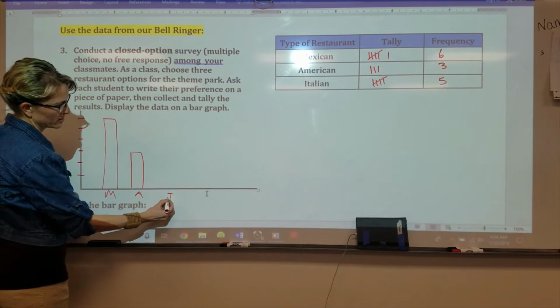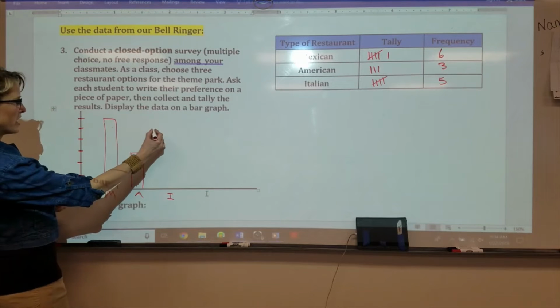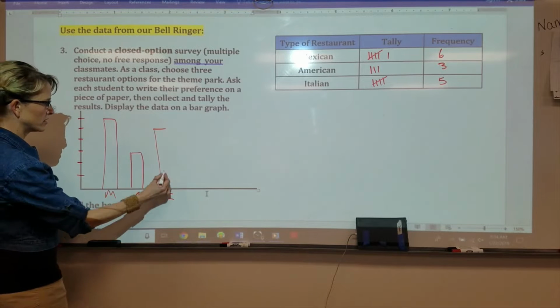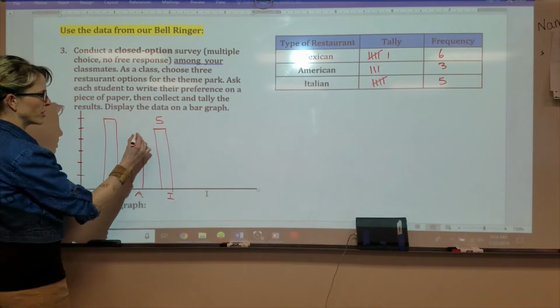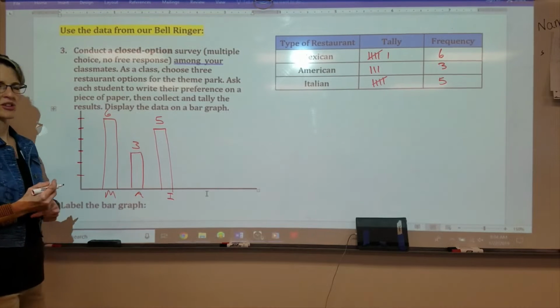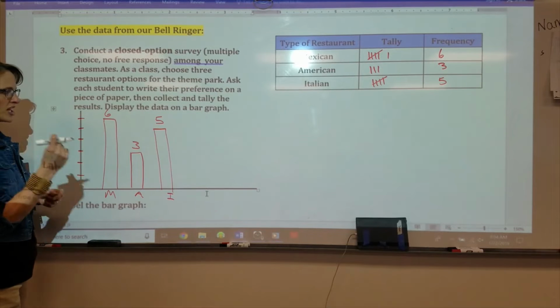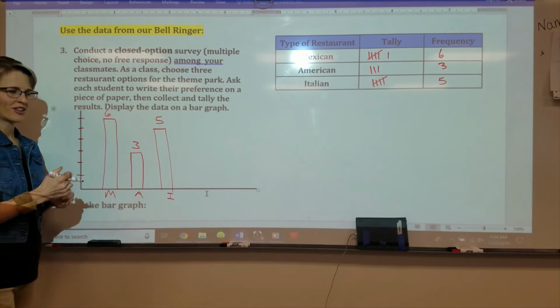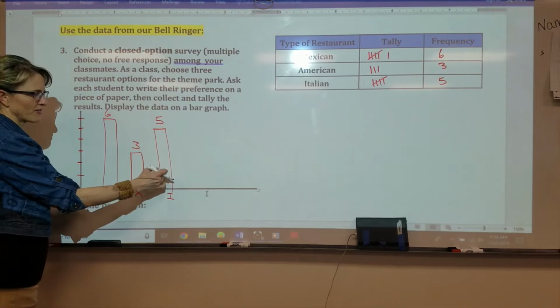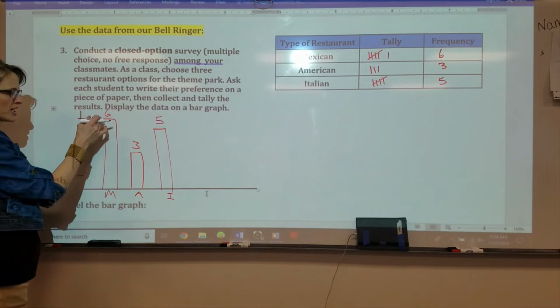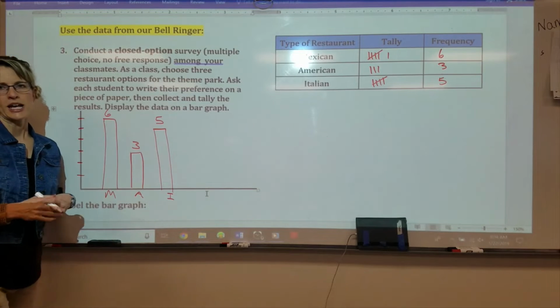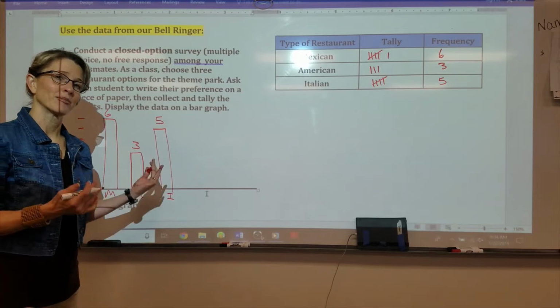Italian would be 5, right about here. I've always liked to put a number at the top of each bar because you can see at a glance what the graph represents: 5 votes for Italian, 3 votes for American, 6 votes for Mexican. That's how to represent that type of data.